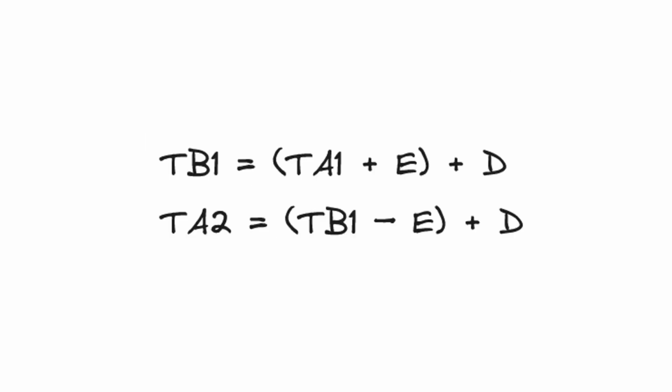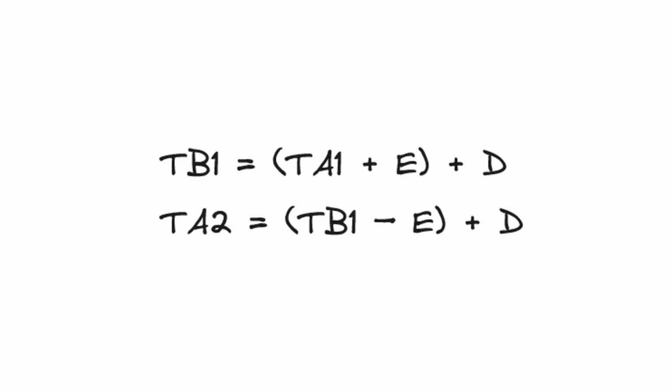As we said, suppose E is the error between the two clocks, so TB equals TA plus E at any given time. Also suppose D is the delay required to send a message between the two servers.